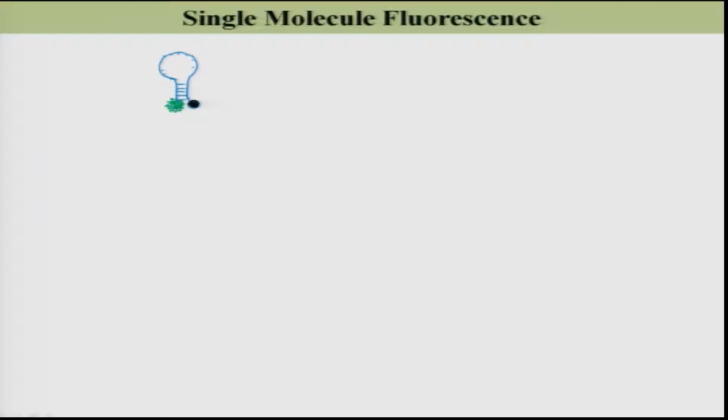Let me consider that this is one of the structures of this molecular beacon present in the solution. The other structure which is present in the solution could be in the open form. So, this is my closed form and the other one is my open form. Here is your fluorophore and here is your quencher.